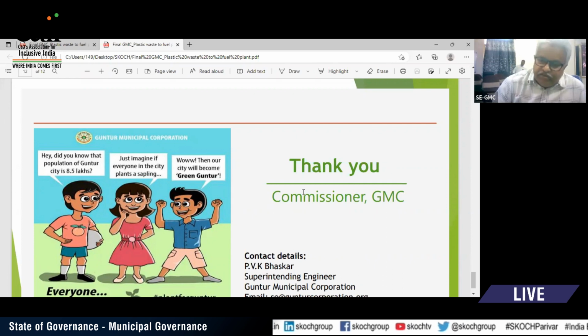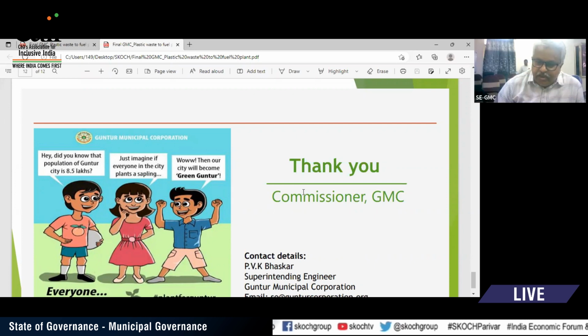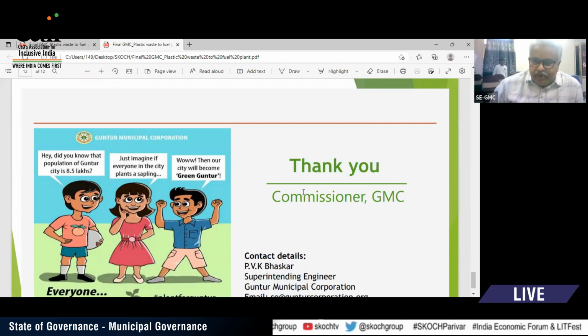These plastics are used for the conversion of plastic into synthetic fuels, sir. So now after doing so many IEC activities, we are getting the required quantity of half a ton per day, sir, which is sufficient for running these plants.